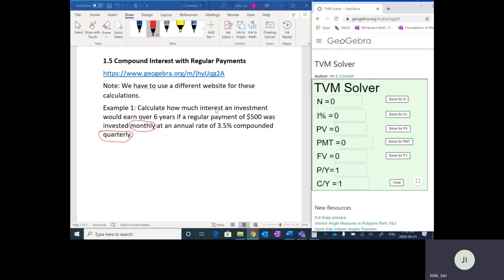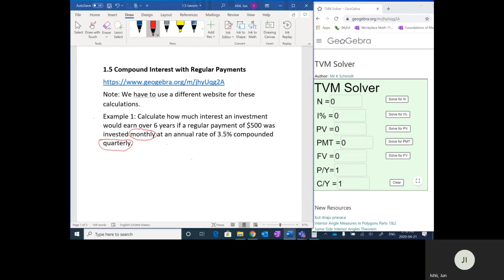A whole bunch of information here, but basically we need to dissect this and know what to plug in. On the TVM solver, we have these different values to plug in. The first one is N, the number of payments.